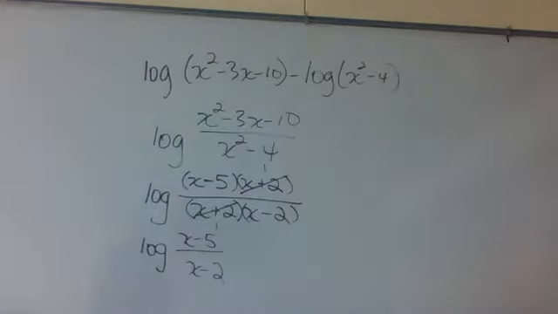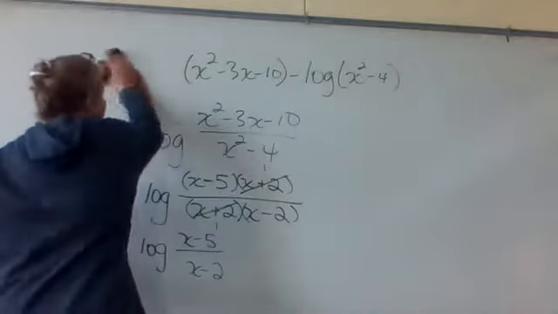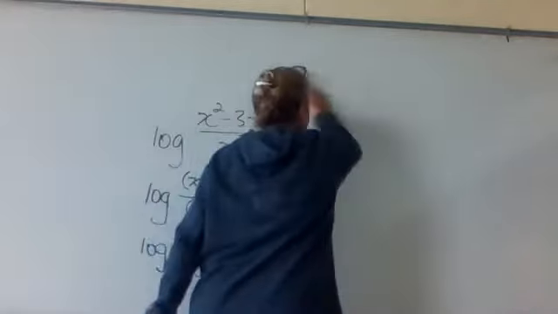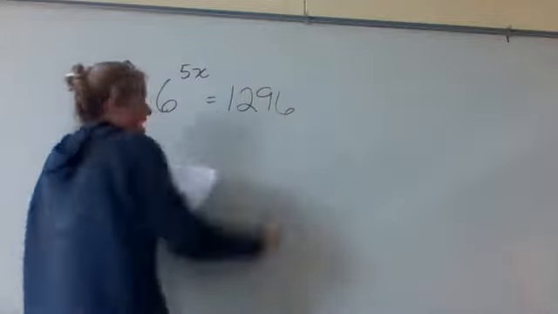All right, 22, 23, 24, 25 are all exponential equations where the x is in the exponent. On 22, you have 6 to the 5x equals 1,296.